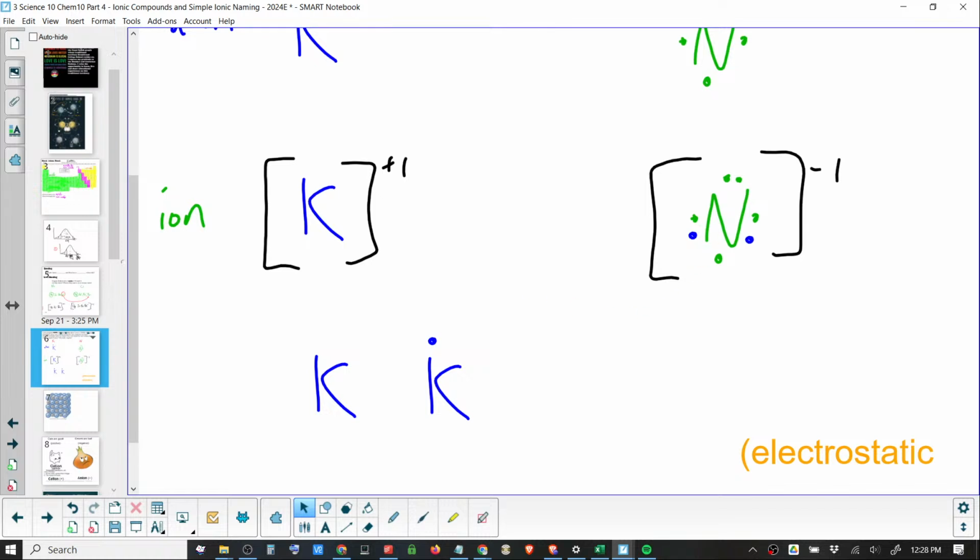So that one will go there, we'll put that one there. That makes the nitrogen -3. It has a full octet, so it's stable and an ion.